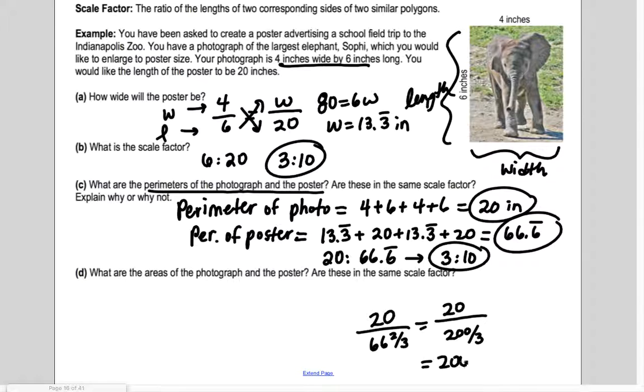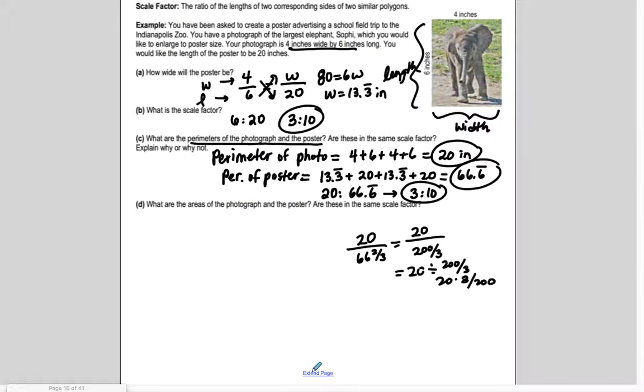And 20 divided by 200 over 3 ends up being 20 times 3 over 200, which is 60 over 200. It reduces down. 2 times 3 over 10. The 20 and 200 make 10, so we get 3 over 10. Do you guys see how those are the same?